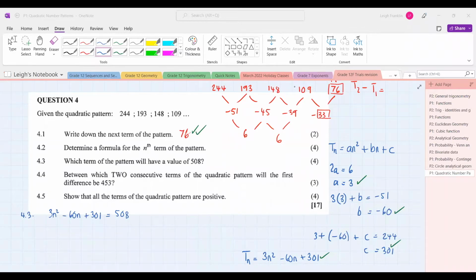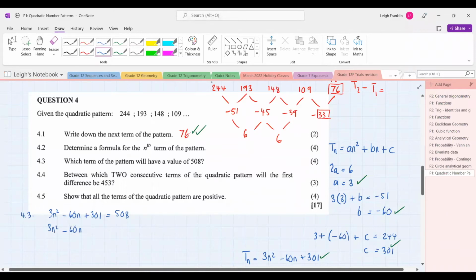So the first thing is to get it into standard form. So we've got 3n squared minus 60n, and then we've got 301, take away 508. That leaves us with minus 207. Now if I was you, I would not worry about dividing through by 3 here. You can if you want to, but I wouldn't worry about that.